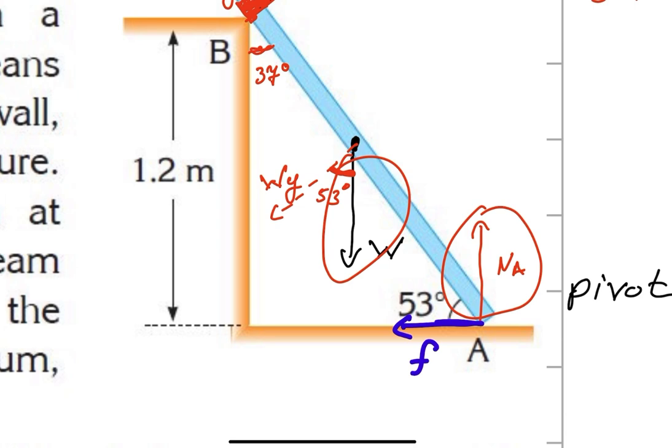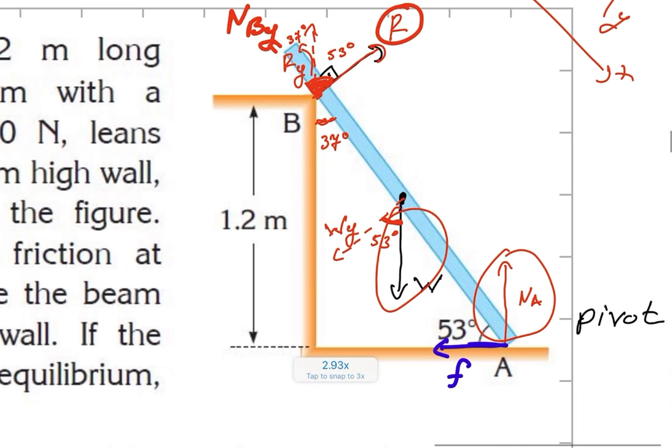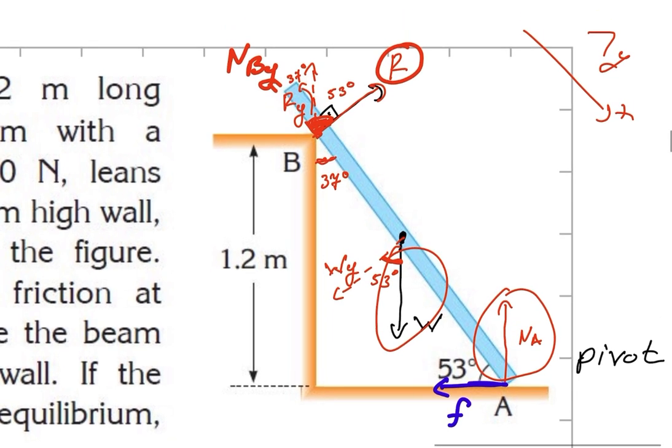Friction force keeps the system in equilibrium. And opposite to it, horizontally, we have only one force, which is NB by X.